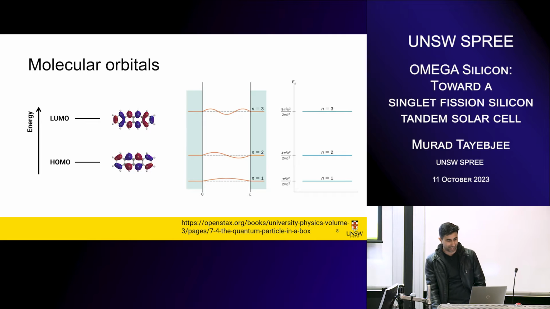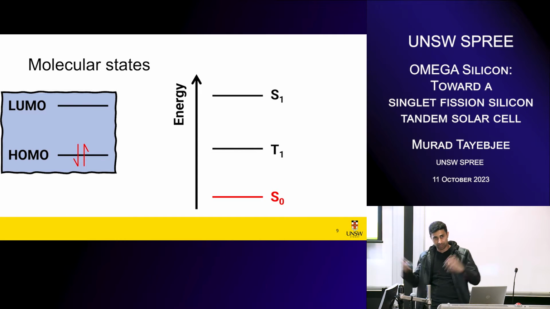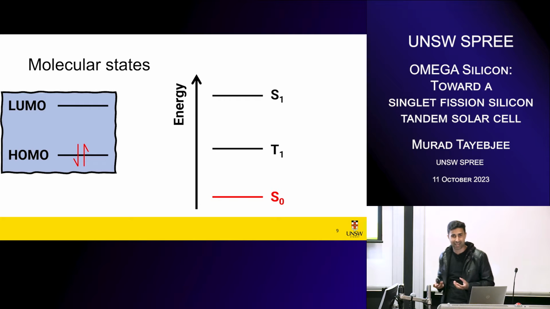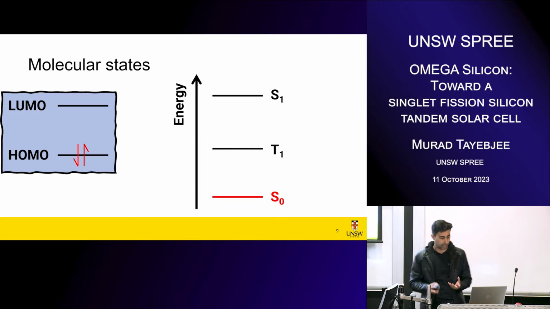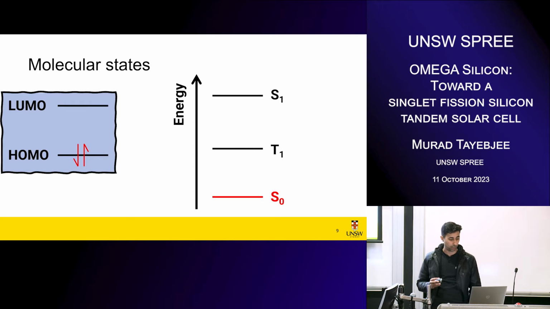Okay, so as I said, chemists worry very little about all the inner electrons. We worry more about what's happening in the highest occupied orbitals and the lowest unoccupied orbitals. So I've got two diagrams here, and they are equivalent. On the left-hand side, I have two electrons, one with spin down and one with spin up in the HOMO.